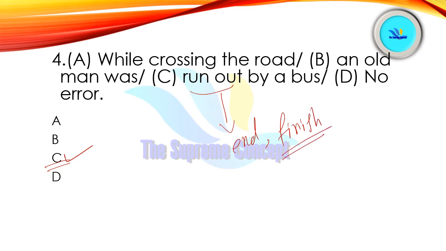Instead of "run out" we will use "run over" here. Sorry, it's "run over", I beg your pardon. "Run after" means to chase something; if you are running after morning, that means you are chasing morning. So we will use "run over" here.